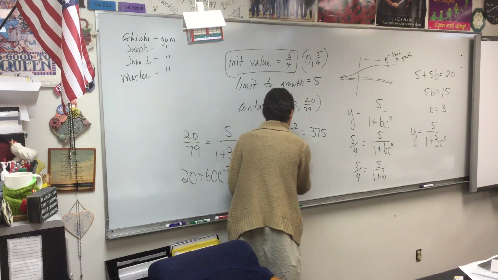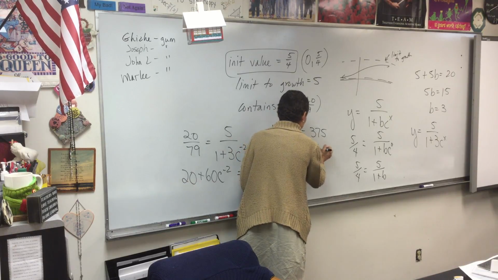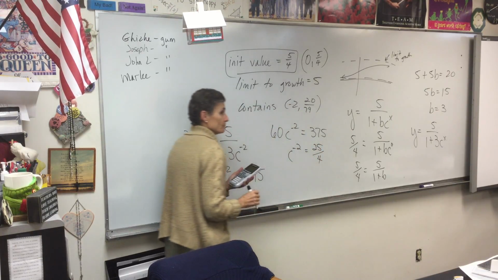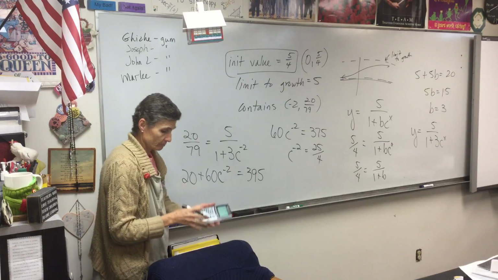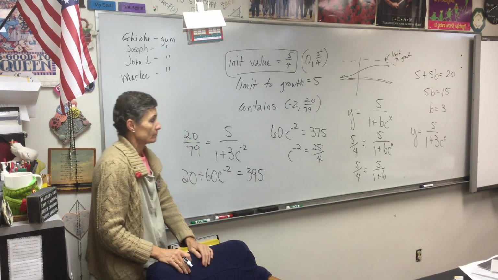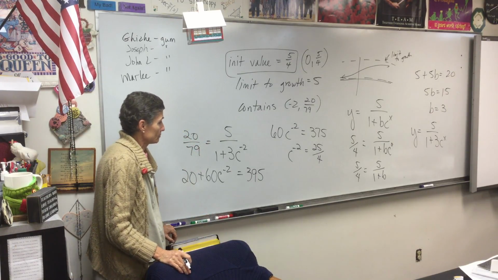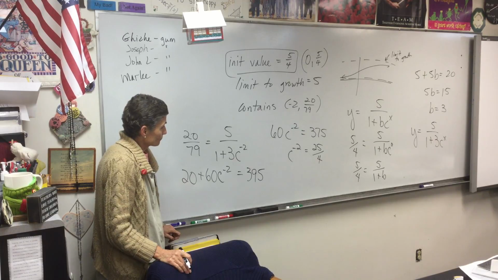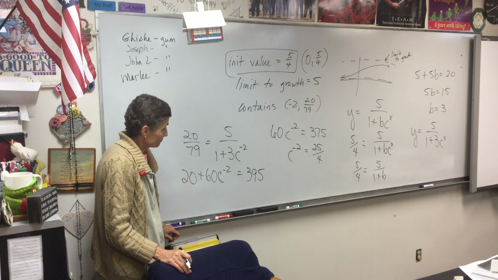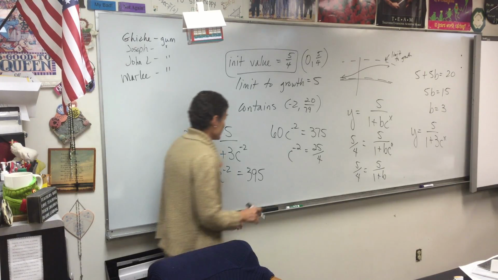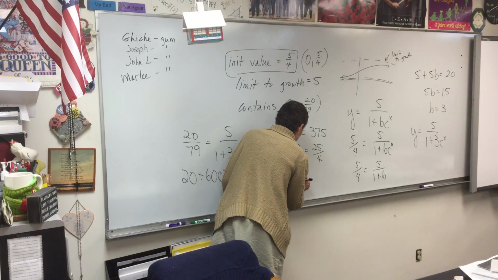So when I divide and reduce, I get 25/4. Okay. Then what? 1 over c to the second. This means 1 over c to the second.